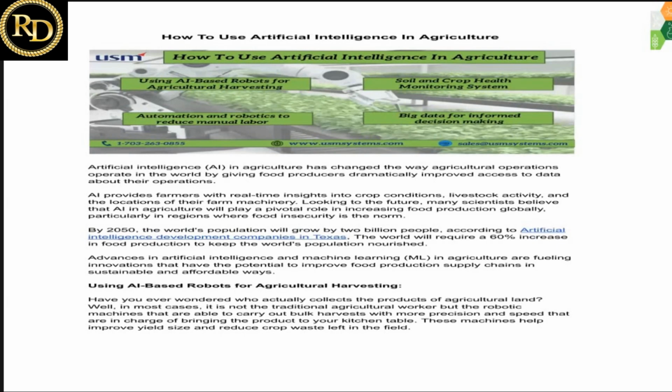We have data about university education, how many agriculture colleges there are, how much intake there is, but we don't have data in agriculture: which crop is grown in which area, what problems are faced in that area, what the weather conditions are, what pests are coming, and which varieties are disease resistant.